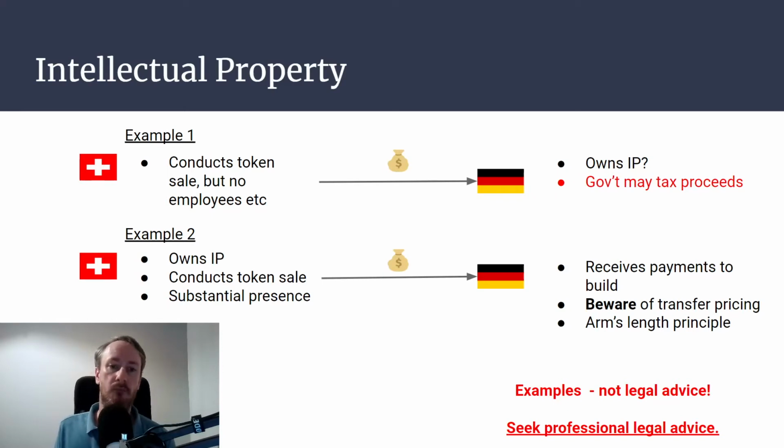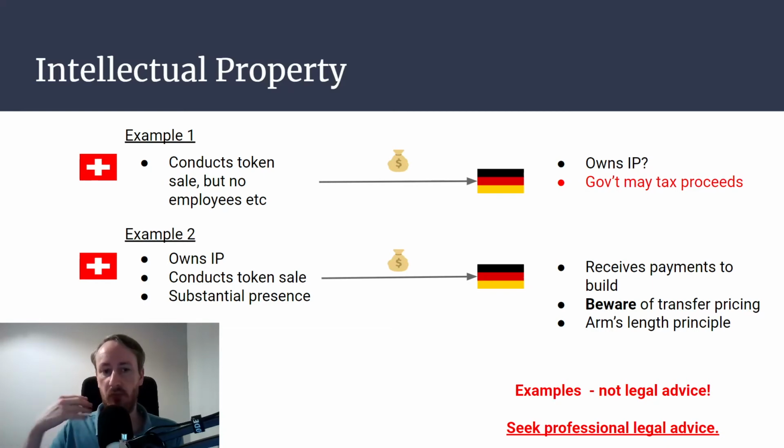Let me push on, being quite fast here, and talk a little bit about intellectual property, at least from this naive level that I understand it and from teams that I speak to. This is actually on the back of a real example from a friendly team where they wanted to set up a Swiss entity, but the lawyers were giving them a little bit of caution around where the IP is owned.